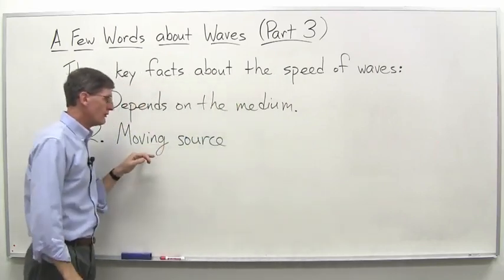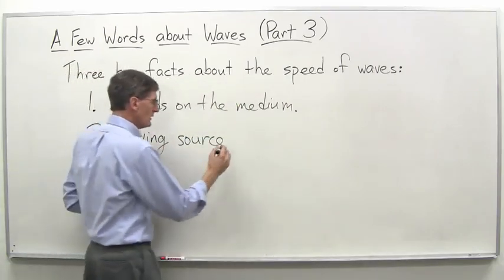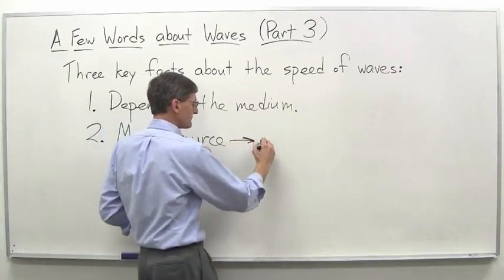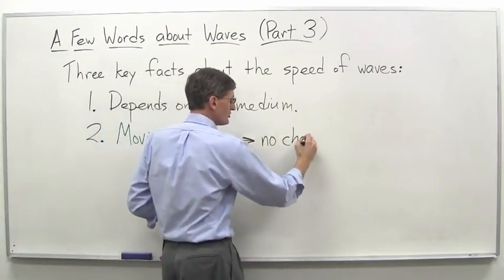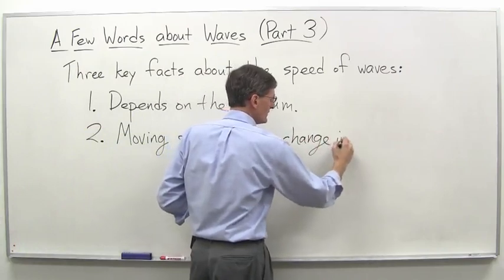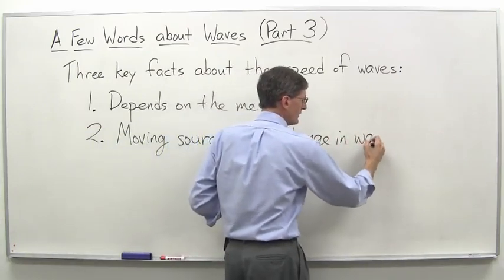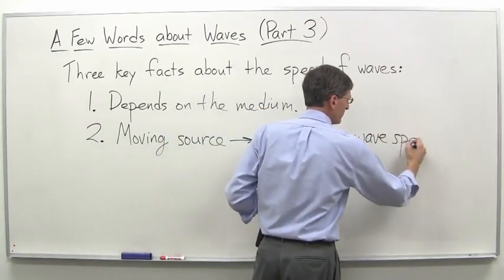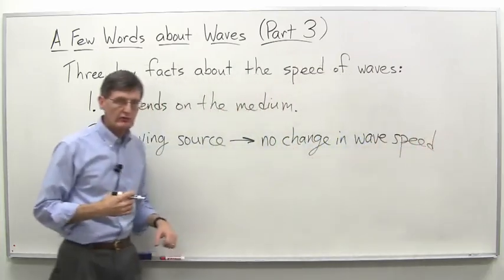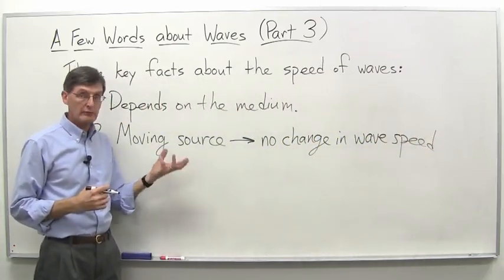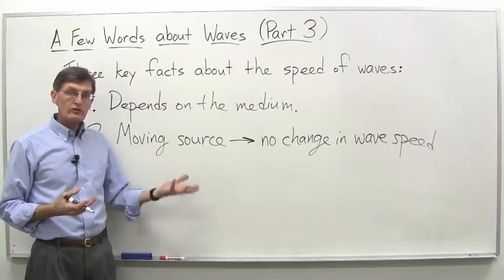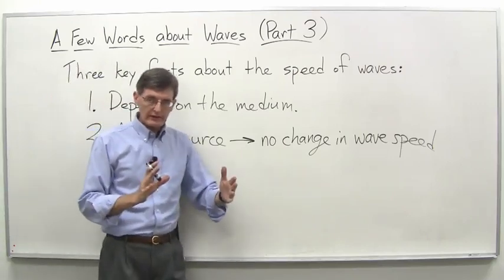So when I have a moving source, just to emphasize here, no change in wave speed. Okay? There's no change in the wave speed because the properties of the medium are not changing. What is changing is the wavelength.